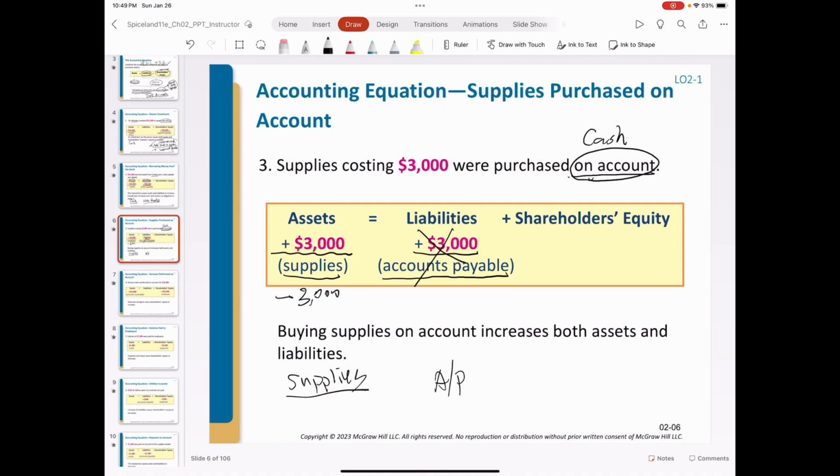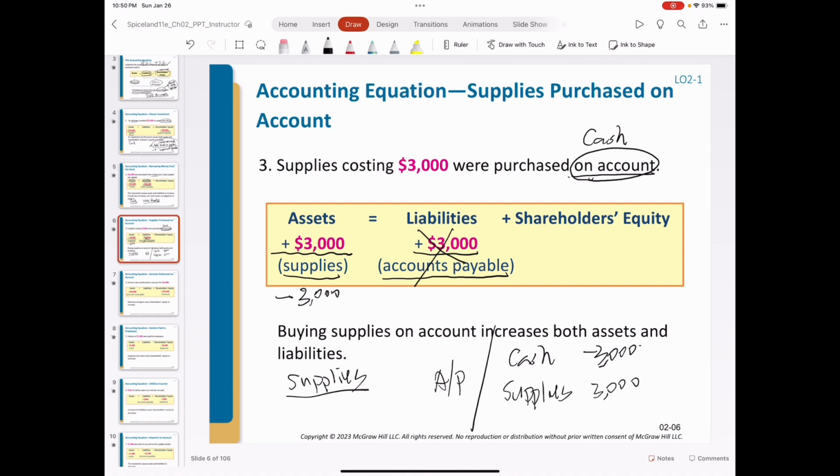For transaction analysis, you should read the description of the transaction very carefully. A single word difference may change the impact on the financial statements. If this is the case, accounts affected are cash, $3,000 decrease, supplies.